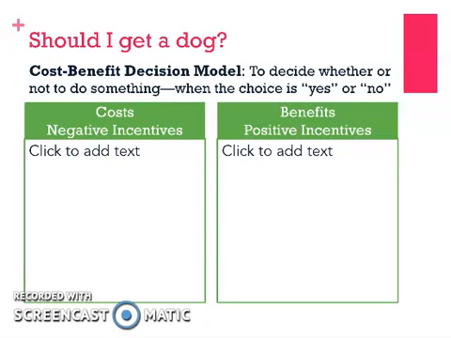In that case, you could use a cost-benefit decision model, which is a model that helps you decide whether or not to do something when the choice is either a yes or a no. Just to clarify, these cost-benefit models are not part of the integrative model per se. They're just a way that in this lesson, I'm choosing to invite students to make generalizations.